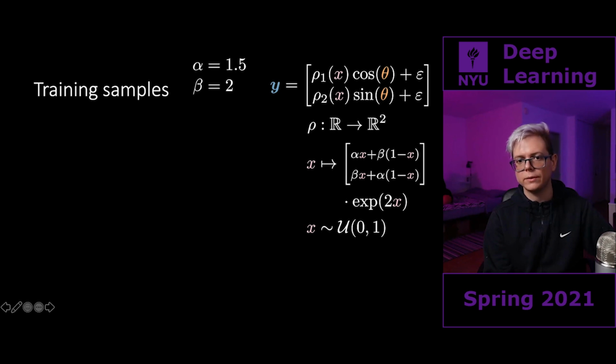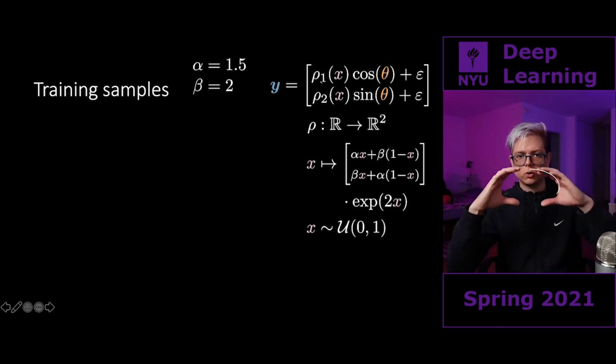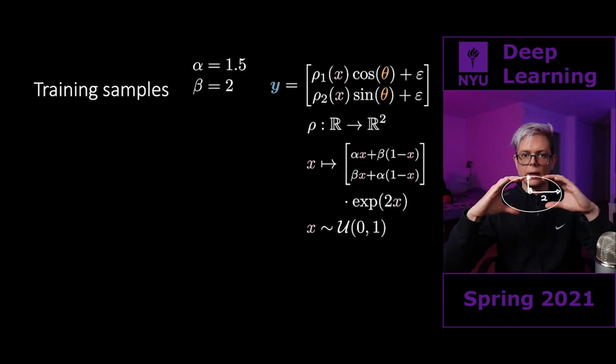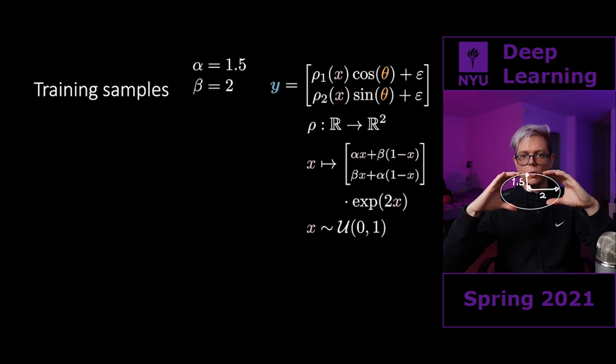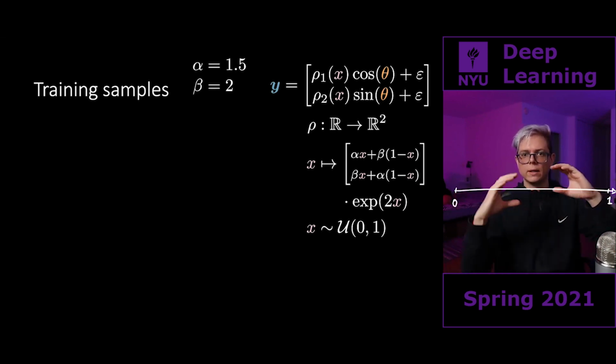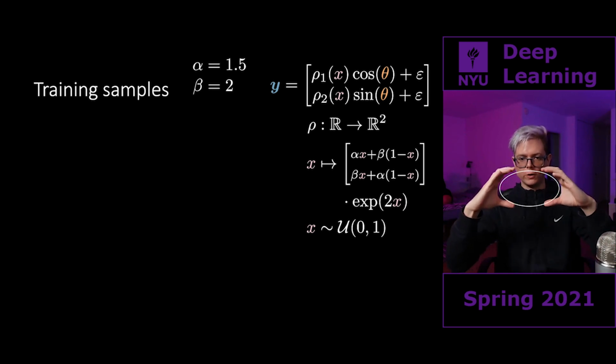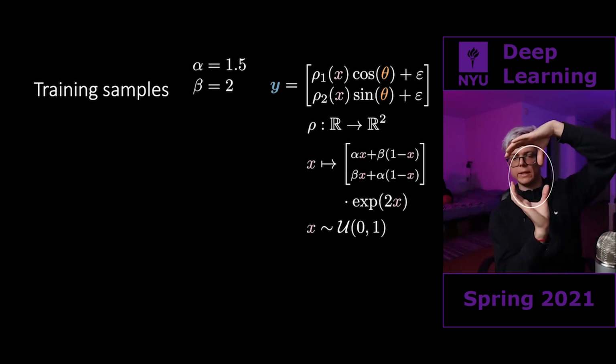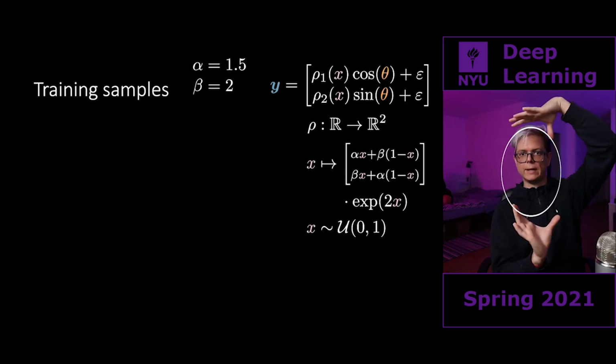What this basically means is that y are points living on an ellipse. The ellipse starts, as we said at the beginning, at 2 on the horizontal axis and 1.5 on the vertical axis. And then as x goes from 0 to 1, this ellipse goes from a horizontal potato to a vertical potato, okay? And also enlarged.